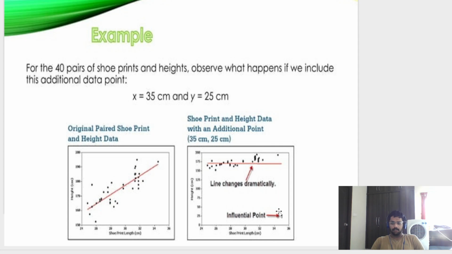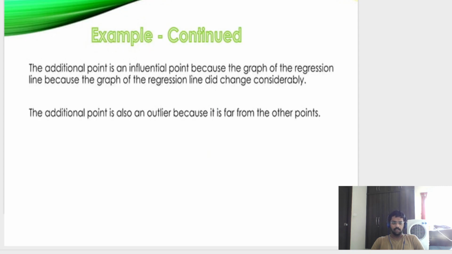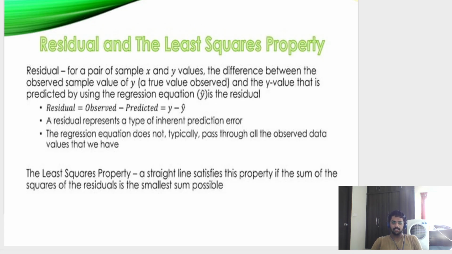Here is the point, so the line will change very dramatically. These are outlier points, which we need to avoid. The additional point is an influential point because the graph of the regression line did change considerably. The additional point is also an outlier because it is far from other points.